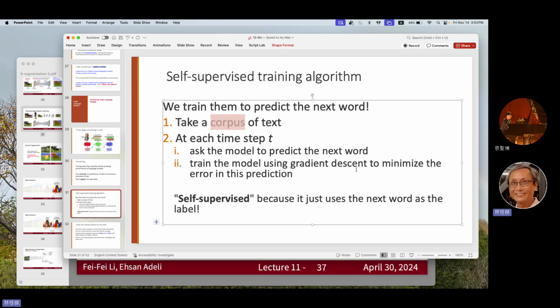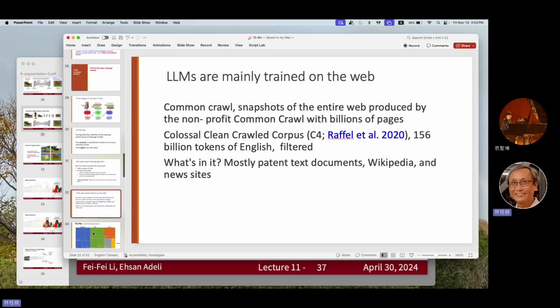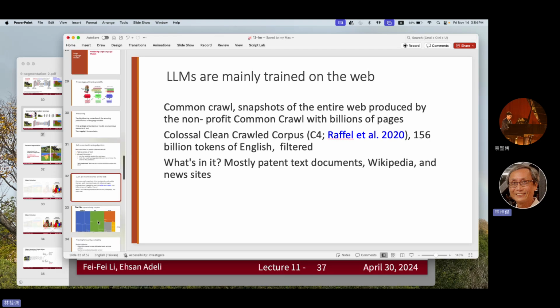You give some input, and when you produce some output, you can check this output with your original text and see whether you match the text you have received in the training data set. So the self-supervised learning is mainly trained on many different data sets that you can collect, originally from some specific data sets, but nowadays a lot of information from the web.